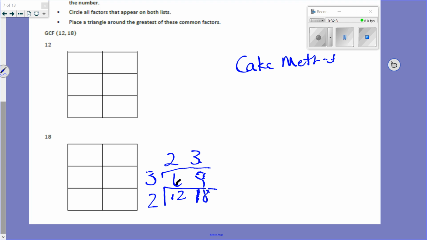Here's why I love the cake method the most, because we have now laid it out for you to find both the GCF and the LCM. For the GCF, you multiply the numbers on the side.